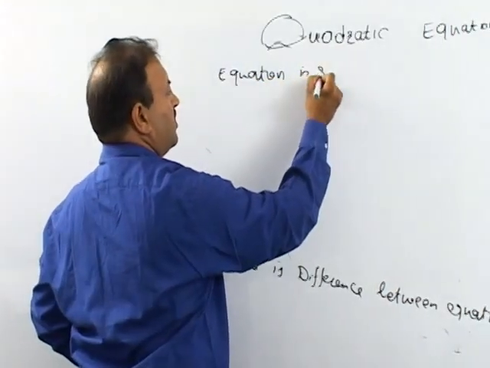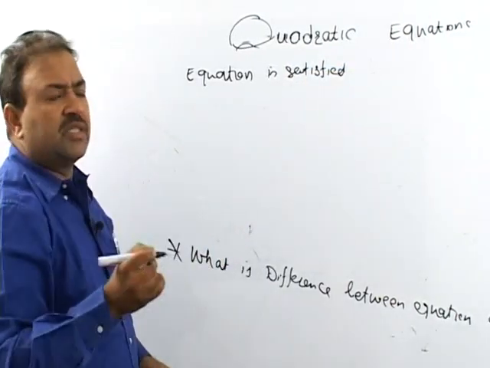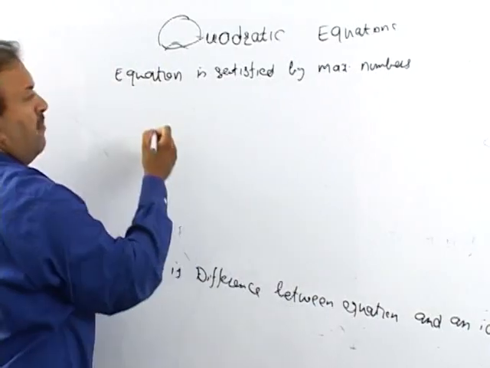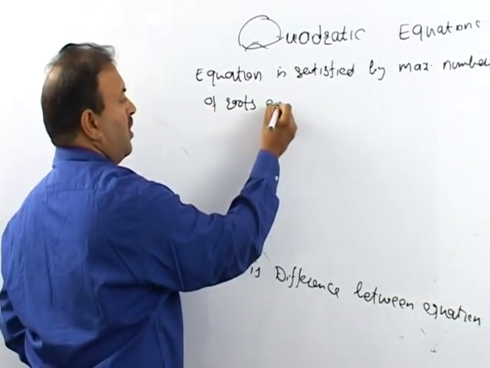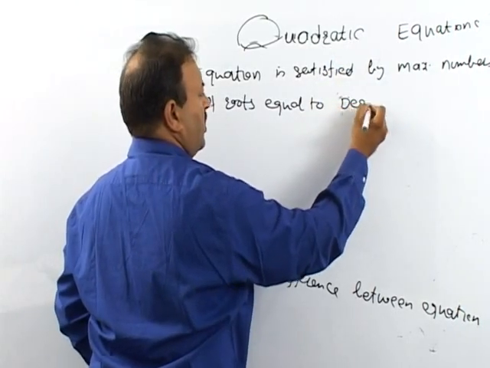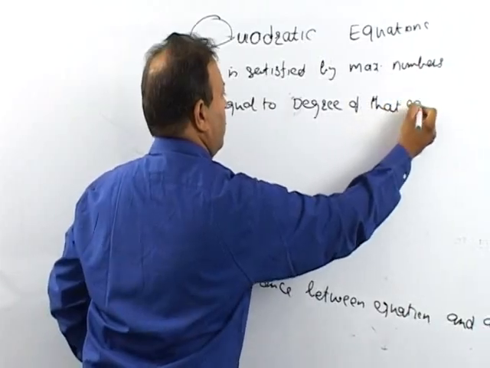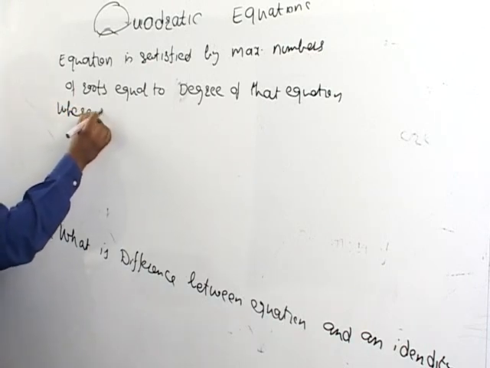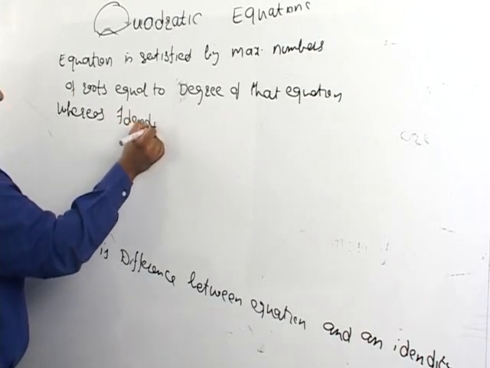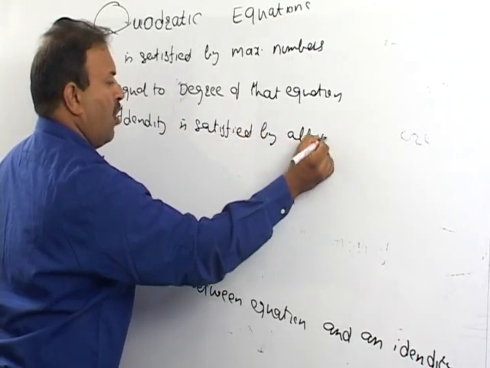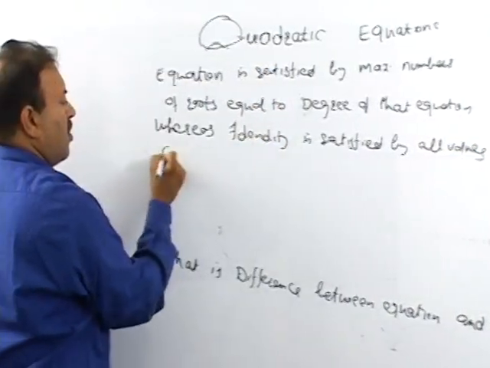An equation is satisfied by a maximum number of roots equal to the degree of that equation, whereas an identity is satisfied by all values of x.